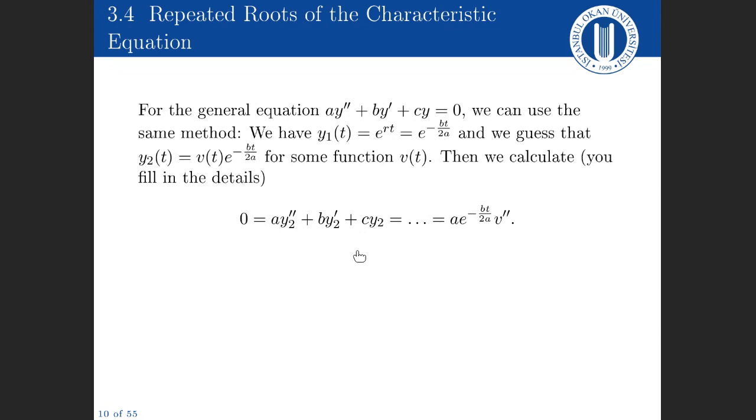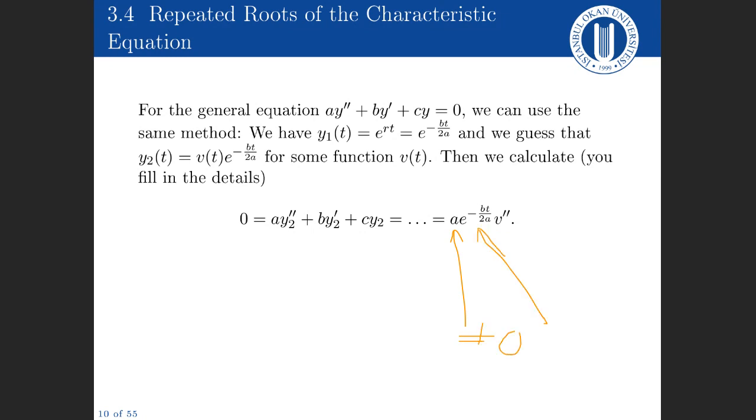You can check that if we substitute this y2 into the differential equation, we end up with 0 is equal to a e to the power minus bt over 2a v double prime. Now, because we have a second order equation, a is not equal to 0.